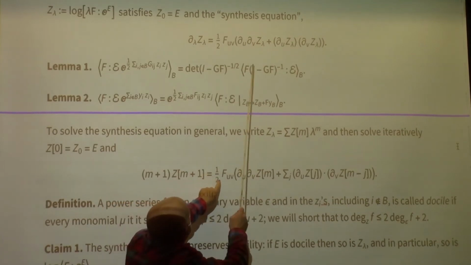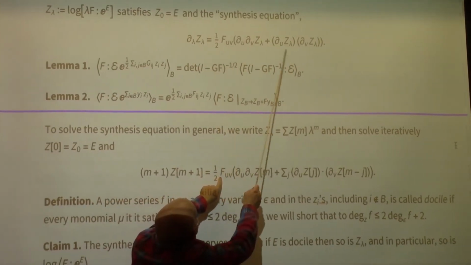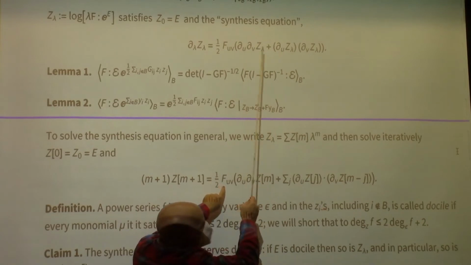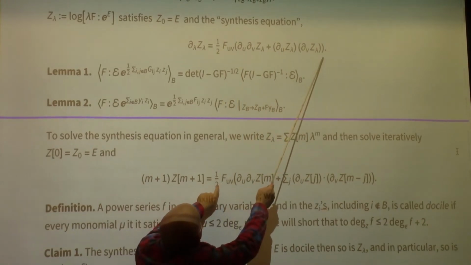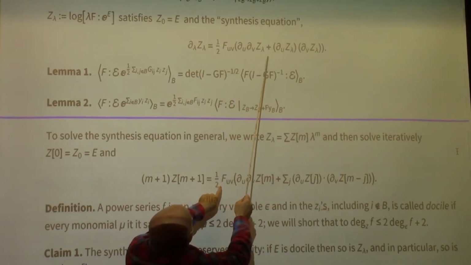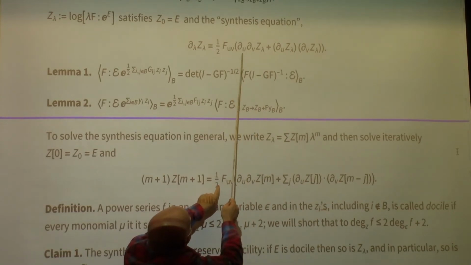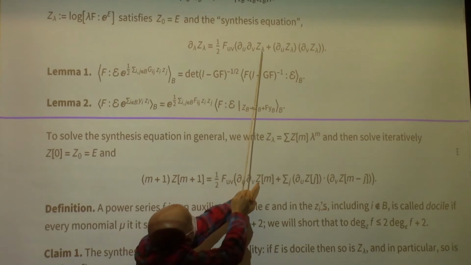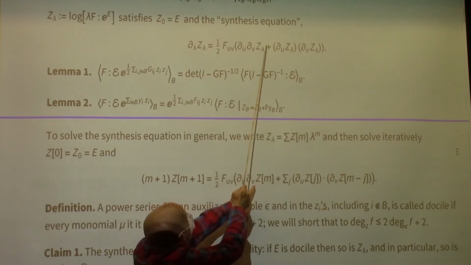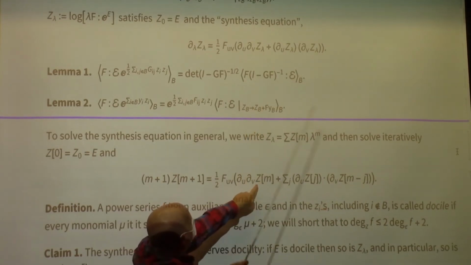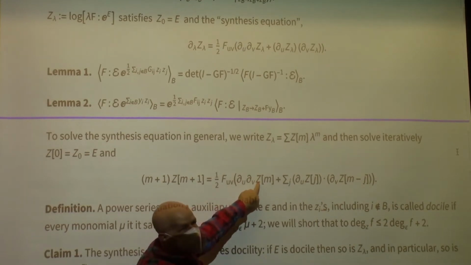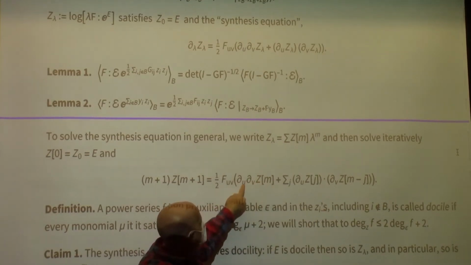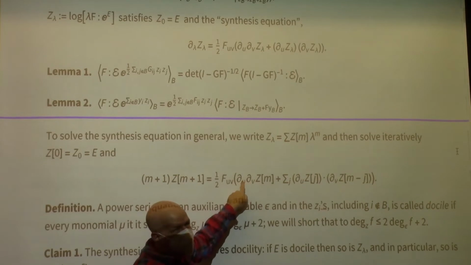Or I look at the coefficient of lambda to the m over here. The lambda to the m can only come from the z lambda here, so the coefficient is zm, and you have to differentiate it with respect to u and v.